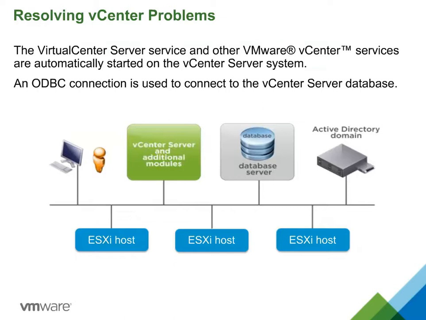But generally speaking, if it initially goes down, it's not something we should have to worry about too much. Remember the various components that make up vCenter. We have the web client or the vSphere client. There's the inventory service, which tracks all the various pieces that go into the vCenter server itself. We have the SSO piece. We have the vCenter server itself, the database, the ODBC connector, Active Directory that it connects to, and so on.